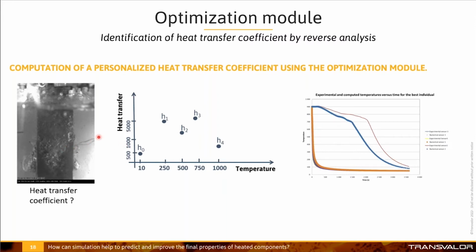You will fix some thermocouples in your part, and then use the optimization model to determine which heat transfer coefficient gives you the most accurate results, the nearest to the ones measured experimentally.